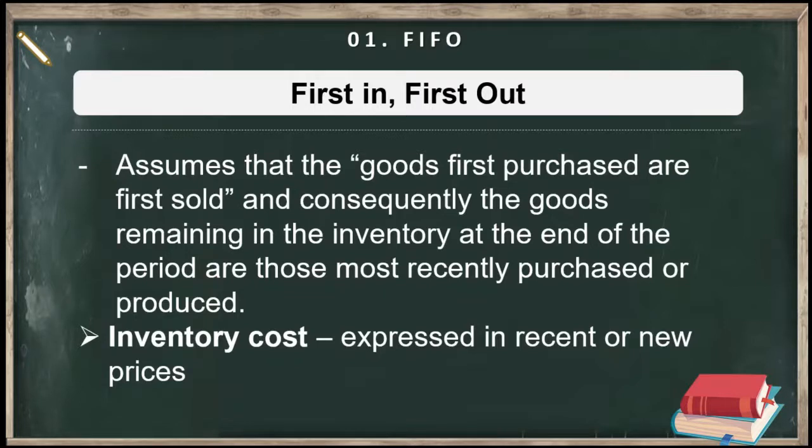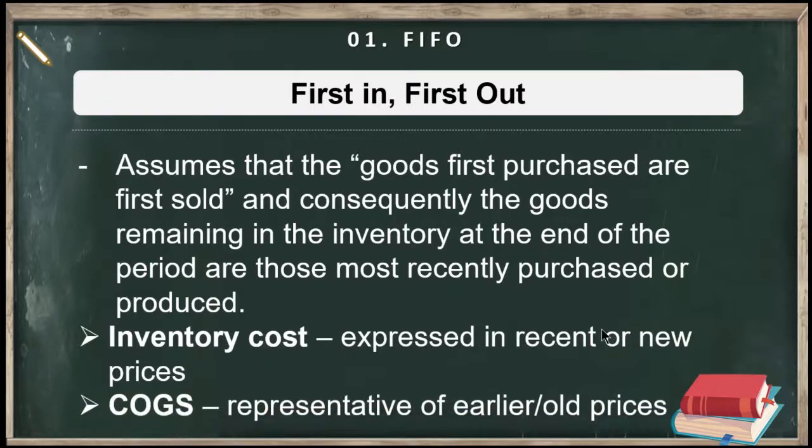This favors a statement of financial position in that the inventory is stated at current replacement cost. And the cost of goods sold here will be representative of the earlier or old prices because of course katong unang gipamaligya mao man gikan sa mga old nga stocks, diba, or katong mga old nga mga prices.